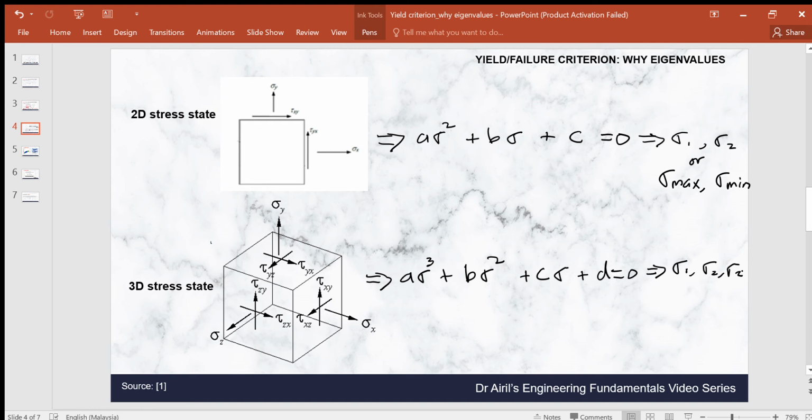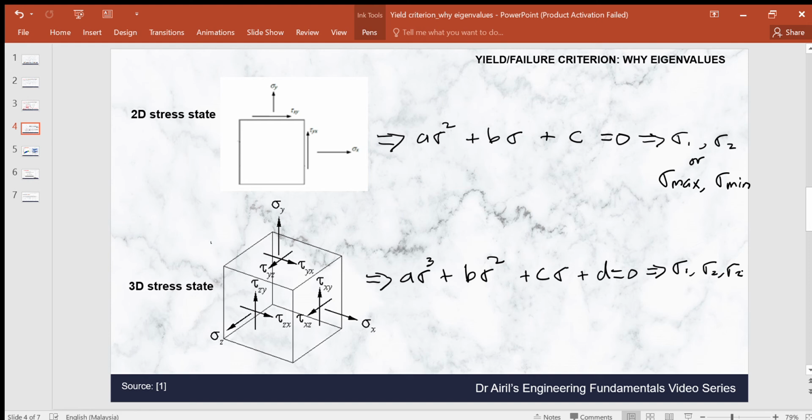Now let me ask you, do you know any solutions of Mohr circle for 3D? There is actually, but it is itself derived from eigenvalue argument. So for the purpose of our discussion, we can say that for 3D, Mohr circle is no longer convenient.